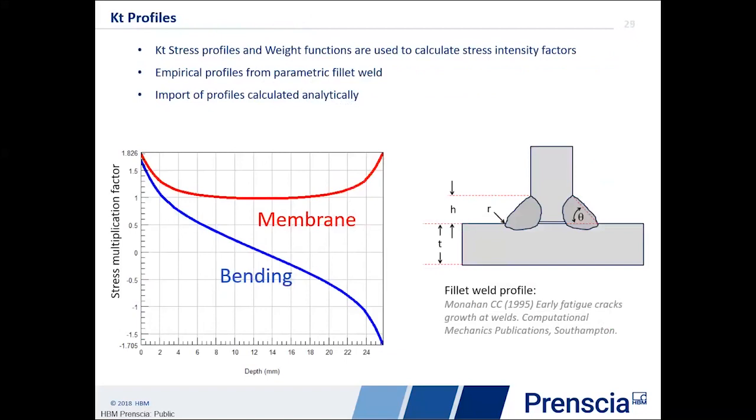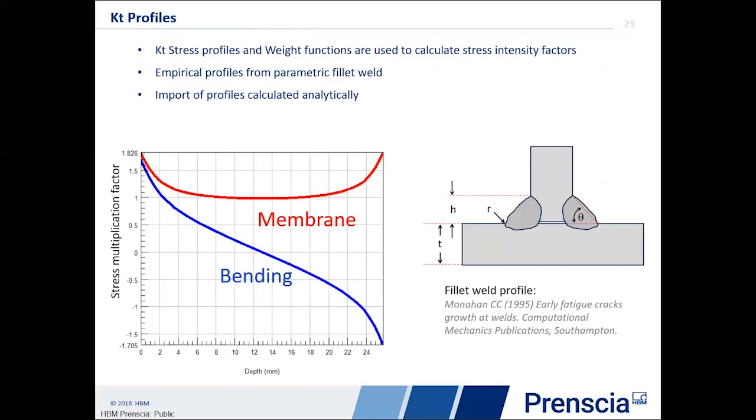These are actually KT profiles because they are the multipliers on my structural stress to calculate the actual stress. And these KT profiles, I need two of them. I need one for a membrane load to go along with the membrane structural stress, and I need a second for the bending load. These can come in a couple different paths.